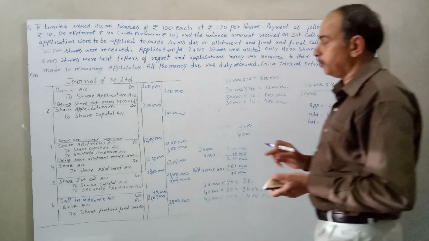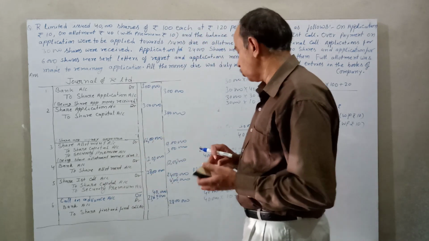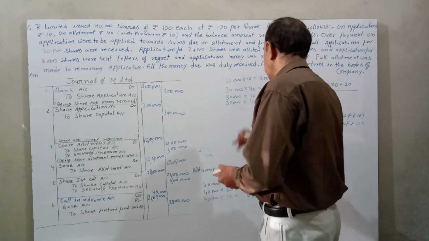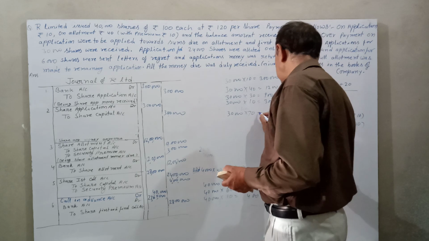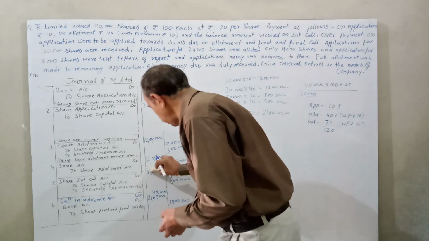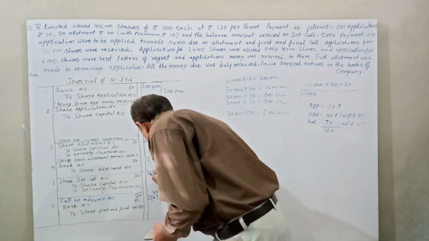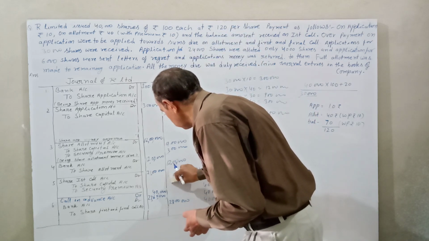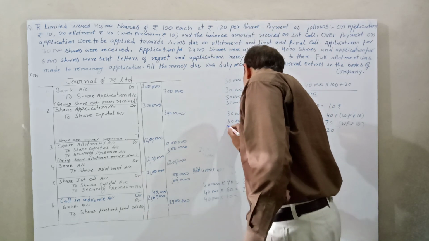And after allotment, the company makes the entry: first call account debit to share capital and security premium. The share first call amount is 30,000 multiplied by 70 rupees, equal to 21 lakh. 21 lakh is the amount called up by the company from the shareholders. And how much is capital and security premium?